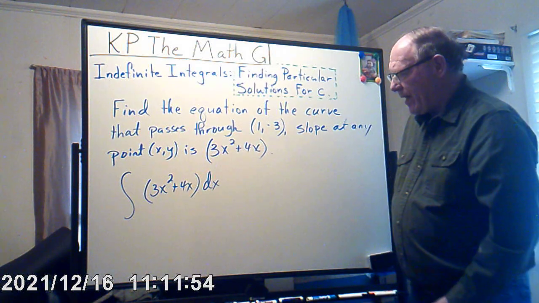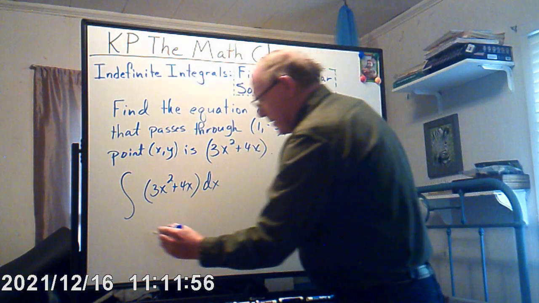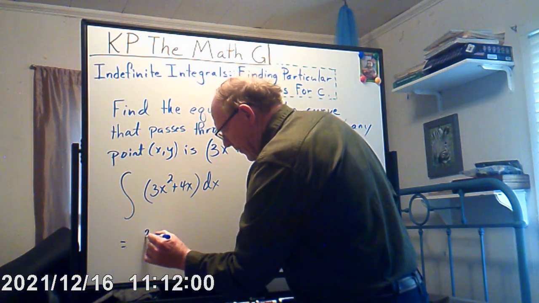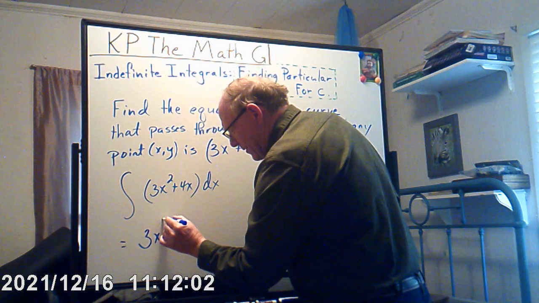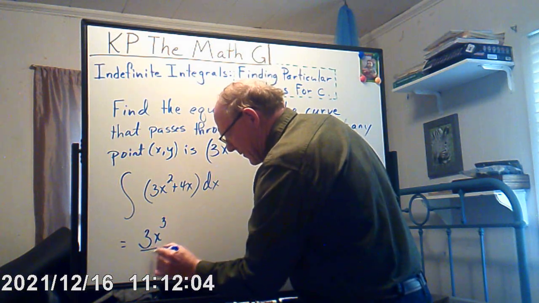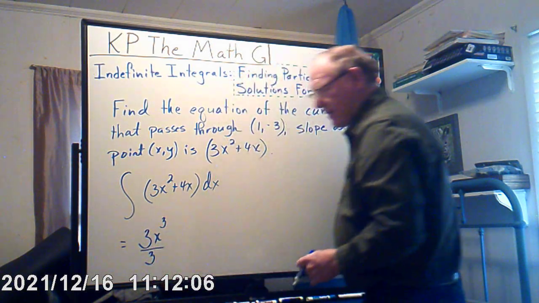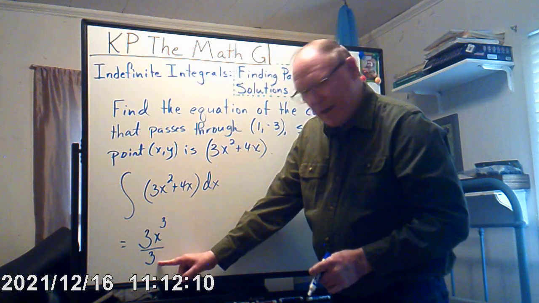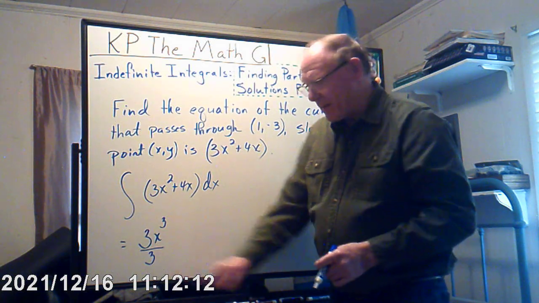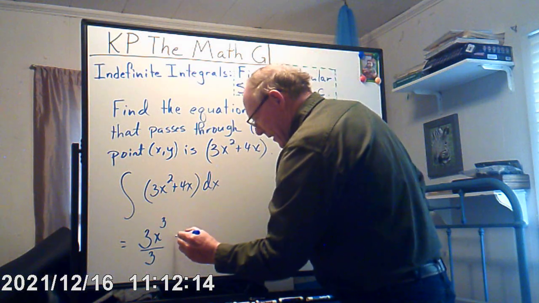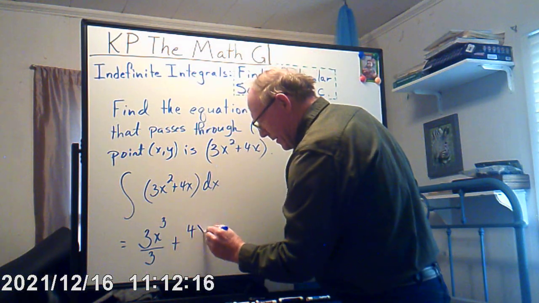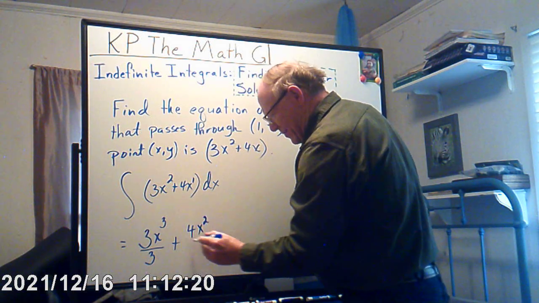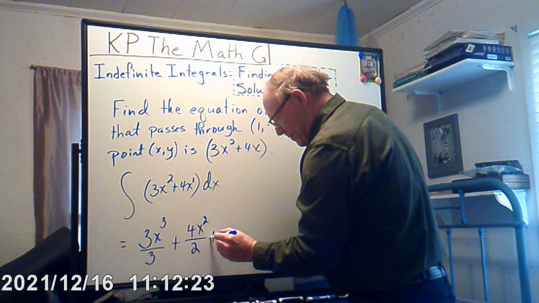If we do that, our answer is equal to 3x to the third over 3. Remember, we add 1 to our exponent and then put that answer down in the denominator. Same thing here: 4x, this is a 1, add 1 to it, we have 2. Now plus c.